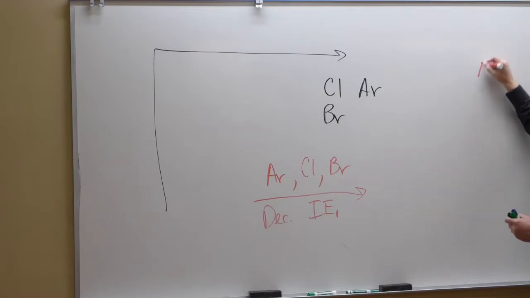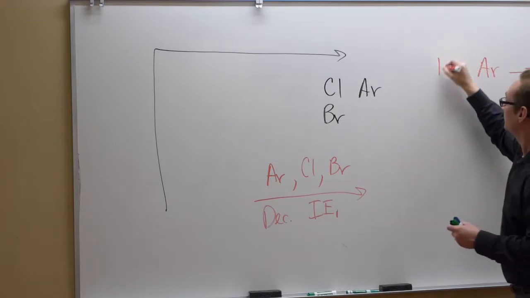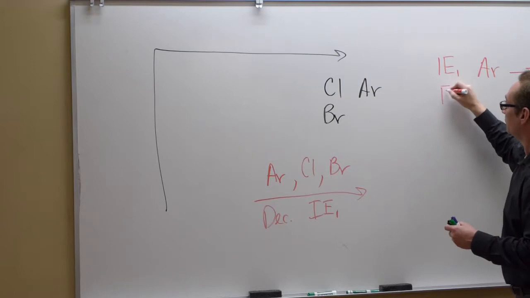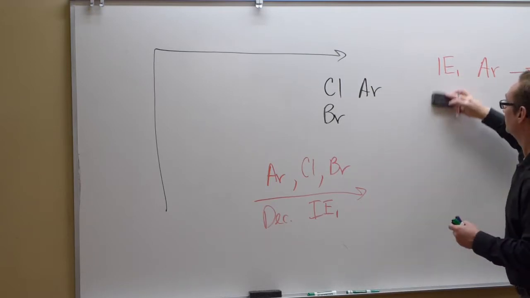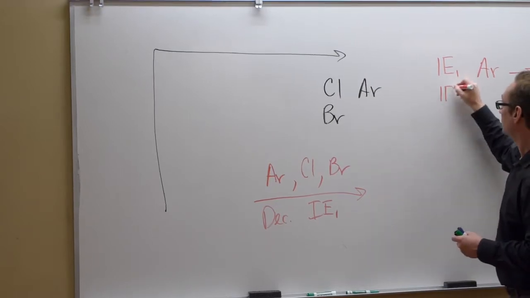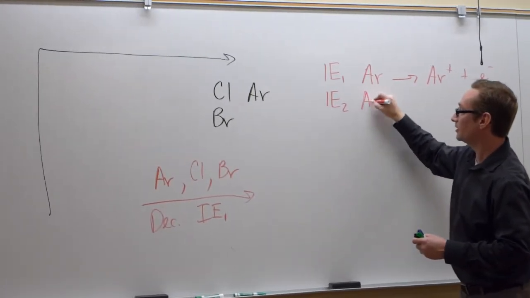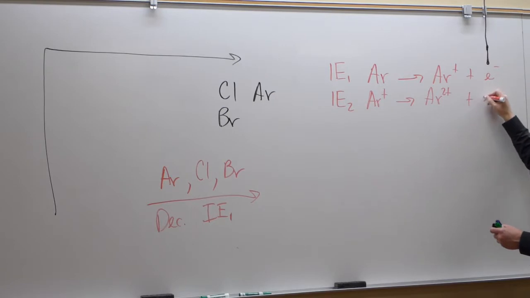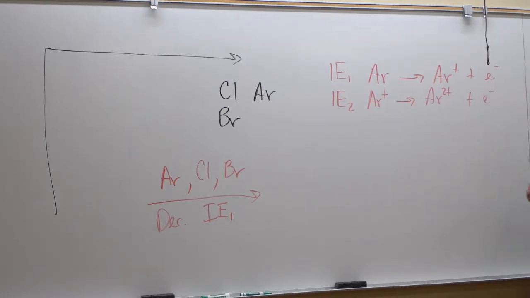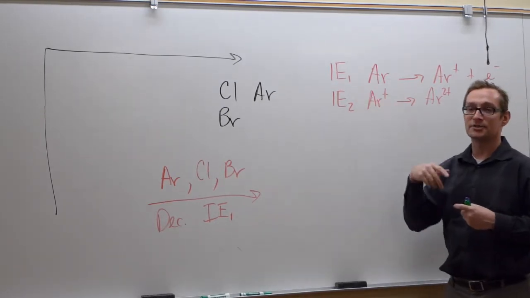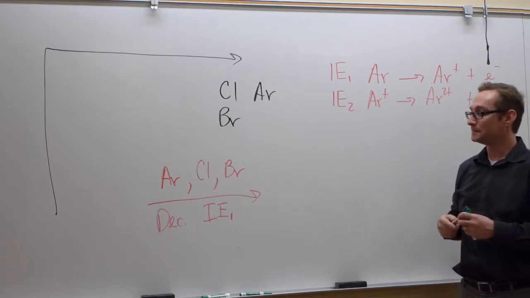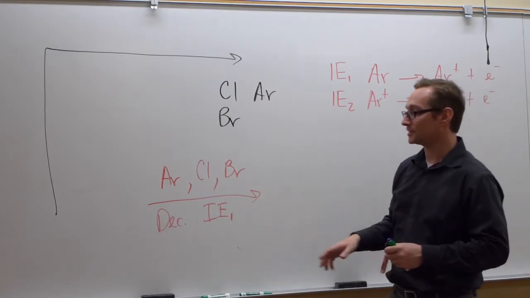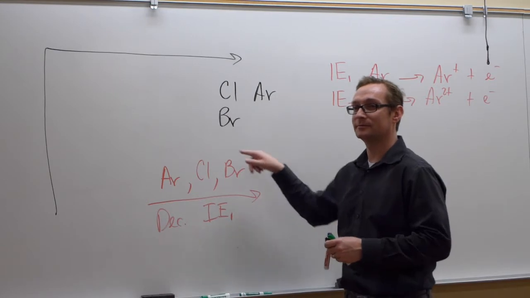If we take argon neutral and turn it into argon plus, and if we wrote IE2 for this, it'd be argon plus to argon 2+, right? Clearly, ionization 2 is always going to be higher than ionization 1. And that's what we're asking. So where does argon plus go in this order?